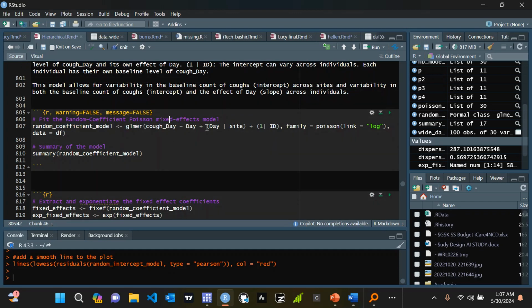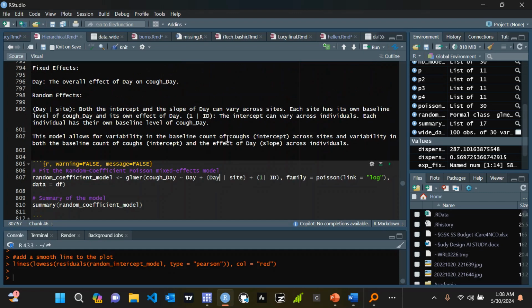It allows you to fix day or time and the site, to nest day and site. The fixed effect is day, and the random effects are only day and site.